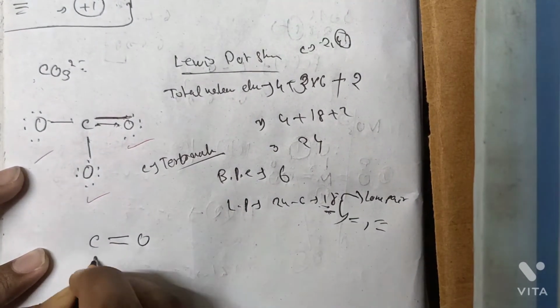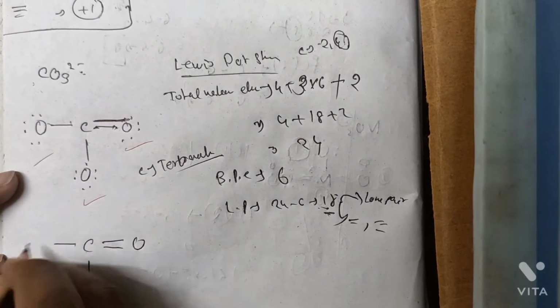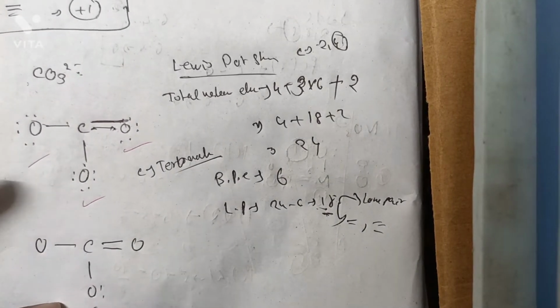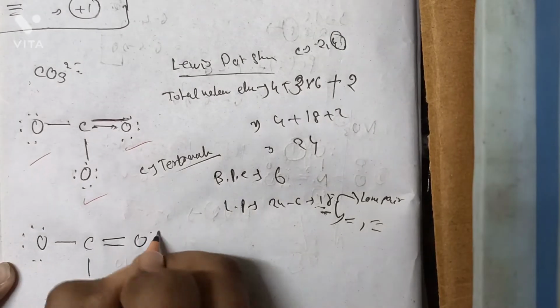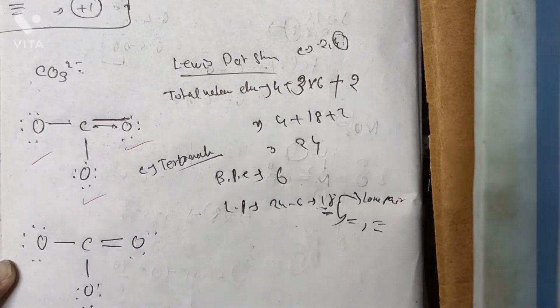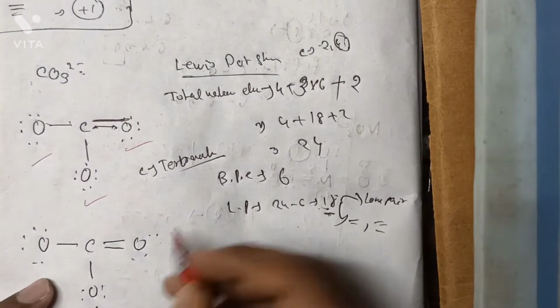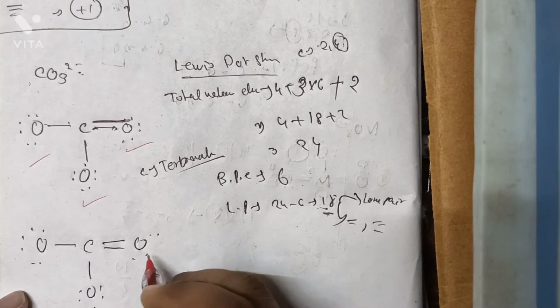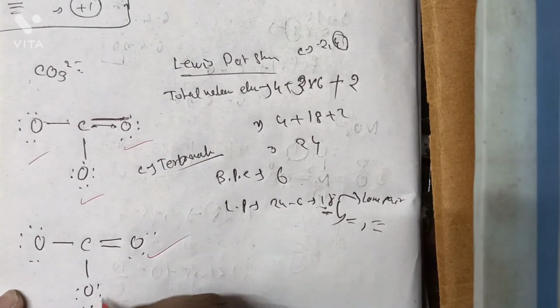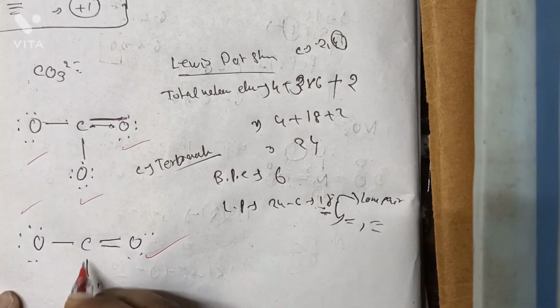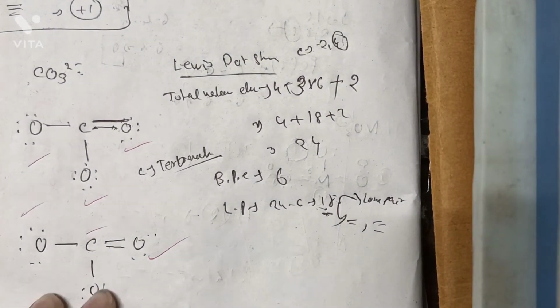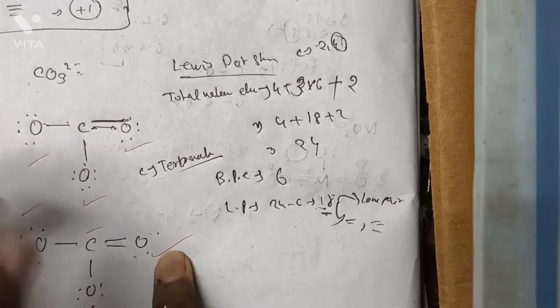See, one double bond and two single bonds. Now for the carbon atom, 1 2 3 4 5 6 7 8, octet complete. For the oxygens, octet complete. So this is the structure of the carbonate ion.